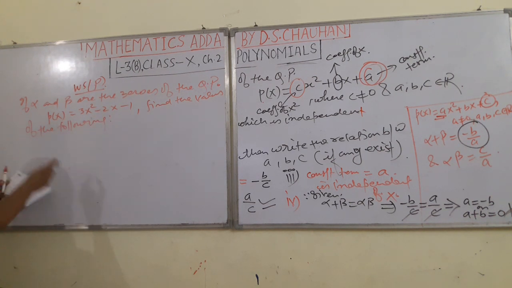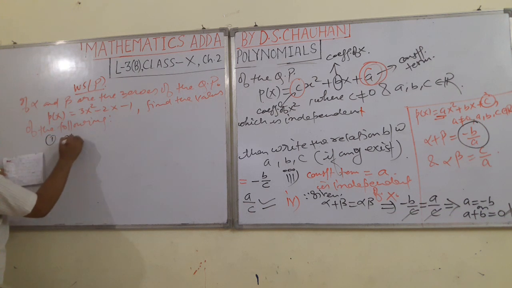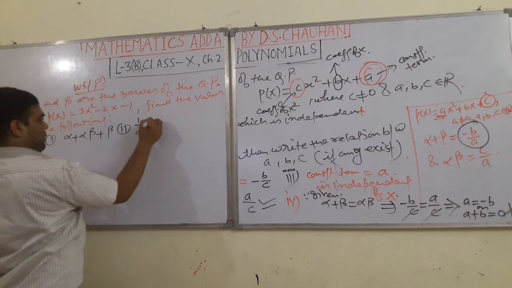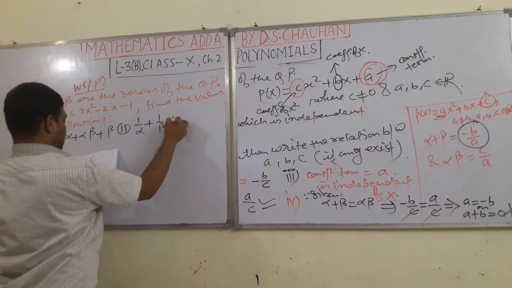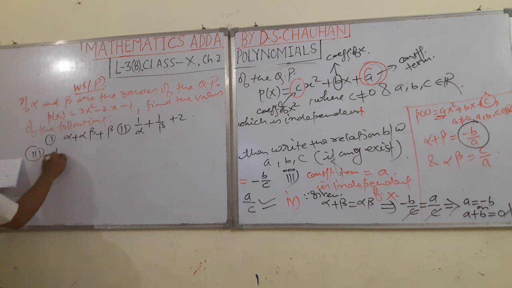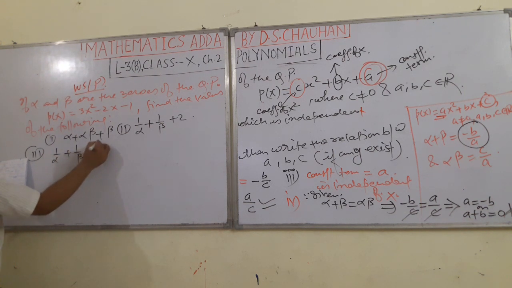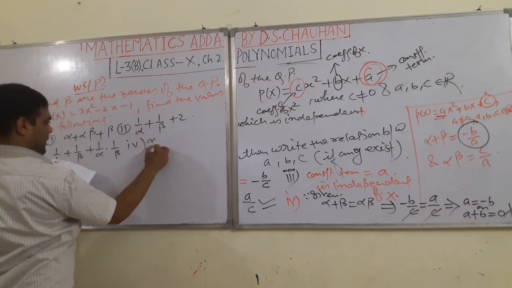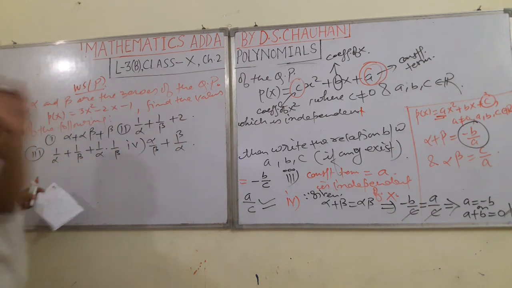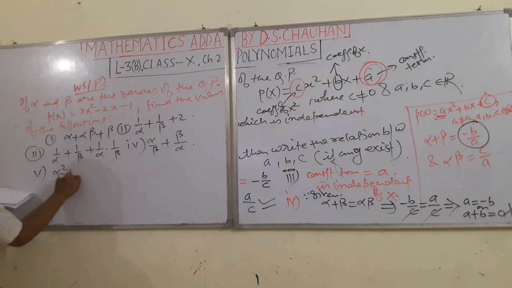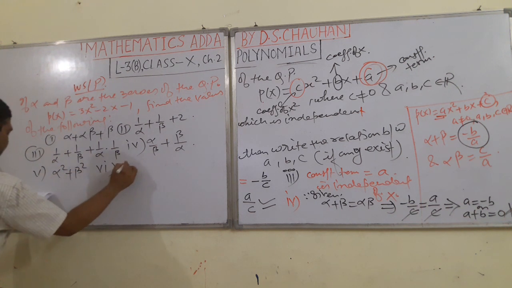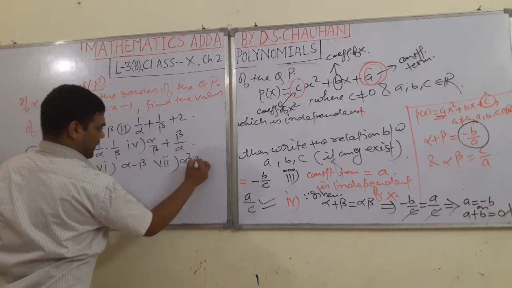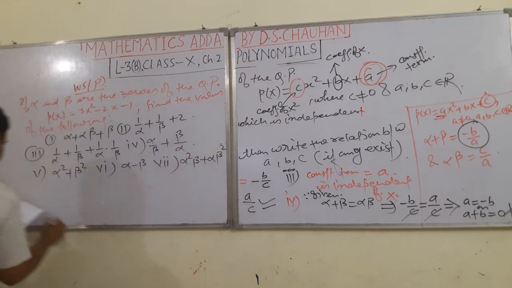One by one. The first is alpha plus alpha beta plus beta. Second, 1 upon alpha plus 1 upon beta plus 2. Third, 1 upon alpha plus 1 upon beta plus 1 upon alpha into 1 upon beta. Fourth, alpha by beta plus beta by alpha. Fifth, alpha square plus beta square. Sixth, alpha minus beta. Seventh, alpha square beta plus alpha beta square.